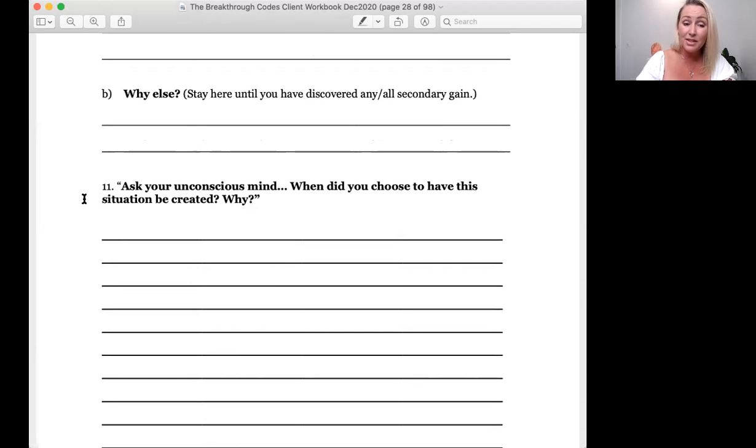This puts them at cause, because the question is, ask your unconscious mind, when did you choose to have this situation be created? Listen to the language. And they have to accept at the unconscious level that they chose it. They chose to create this situation. Now, if they were like, I didn't create it, then you've got to loosen their model of the world.